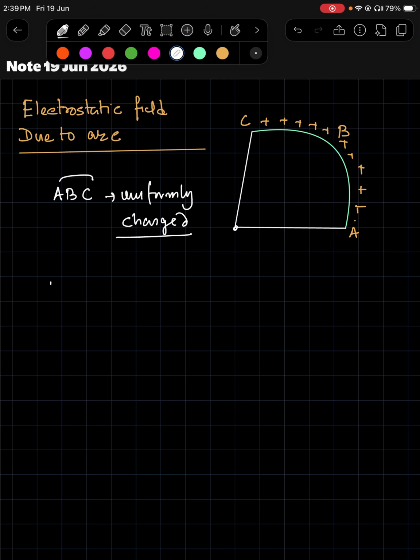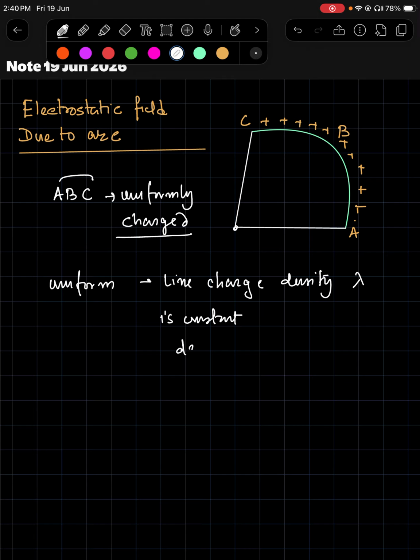Uniform means the line charge density lambda in the arc is constant.